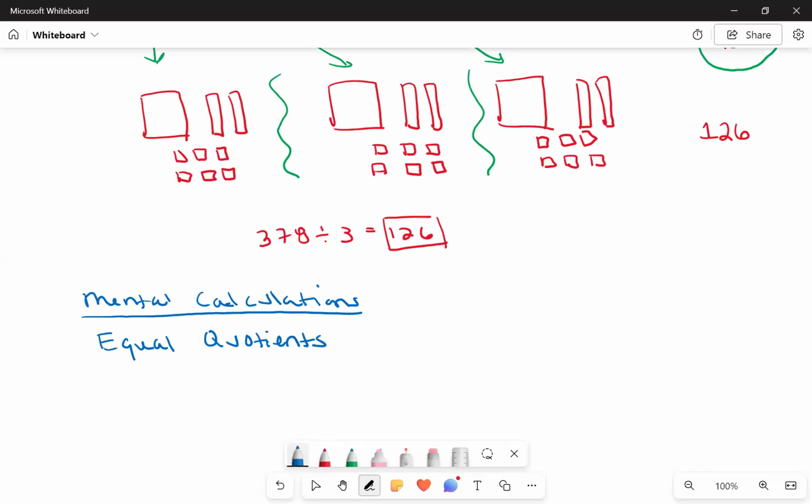With equal quotients, this is when we use either division or multiplication to simplify the problem.